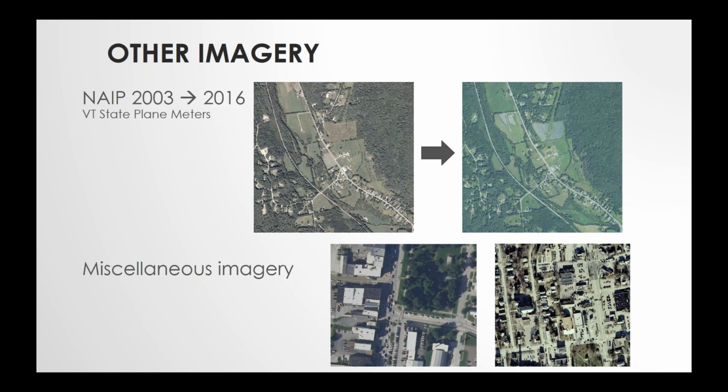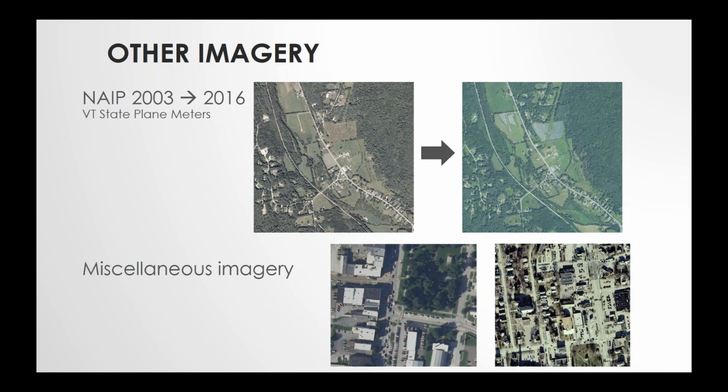So for example, the NAIP imagery, which is, I believe, the National Agricultural Imagery Program. Hopefully I got that right. It's managed by the USDA. And they've been releasing, at least in the case of Vermont, since 2003, a 1 meter leaf-on 4-band imagery.